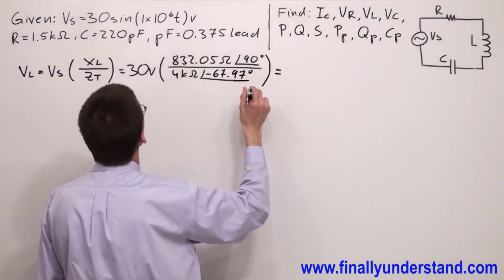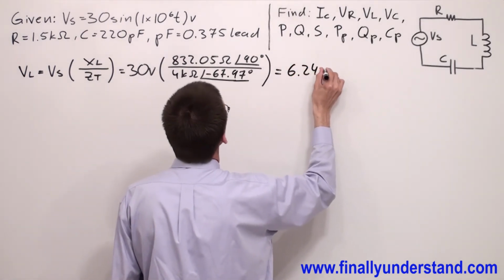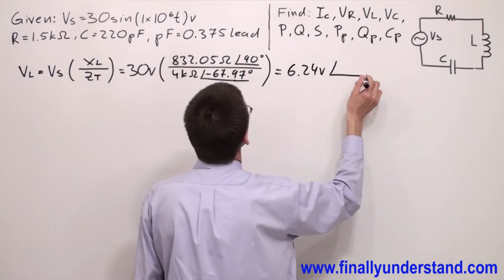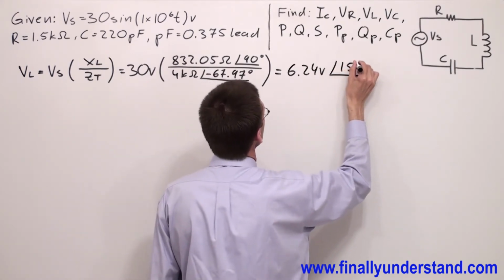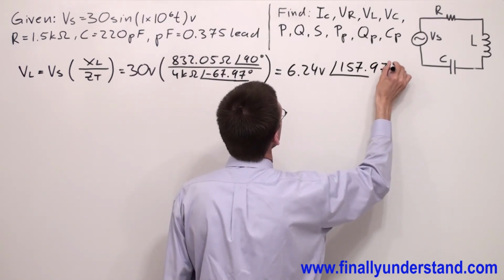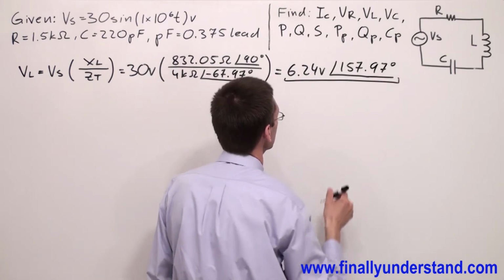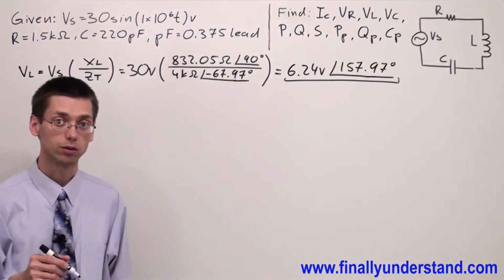This is equal to 6.24 volts and angle of 157.97 degrees. Okay, so this is the voltage across the inductor.